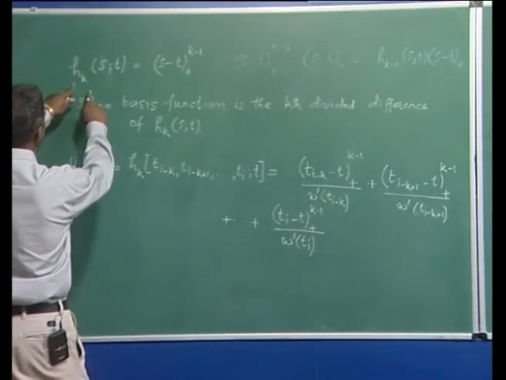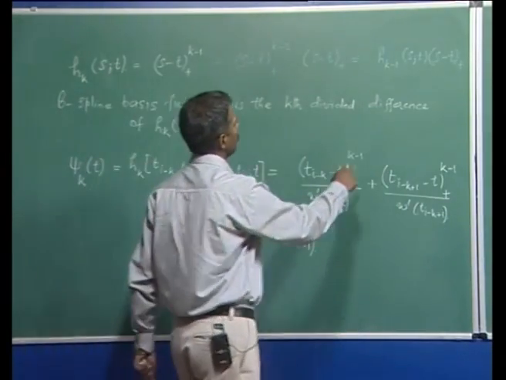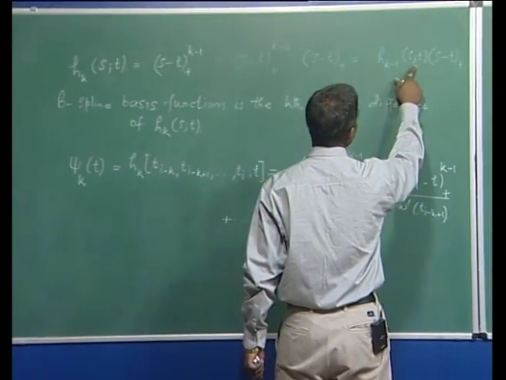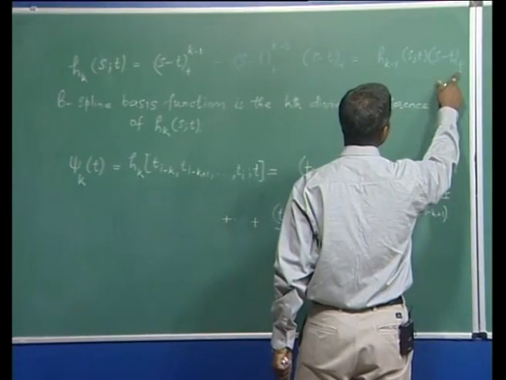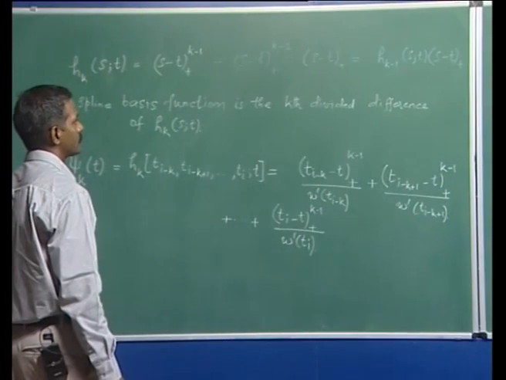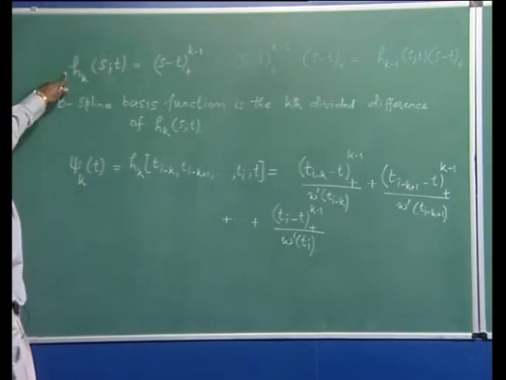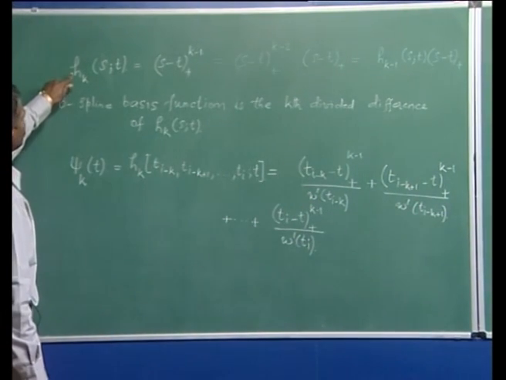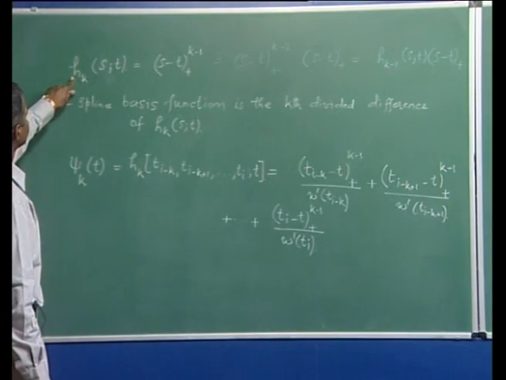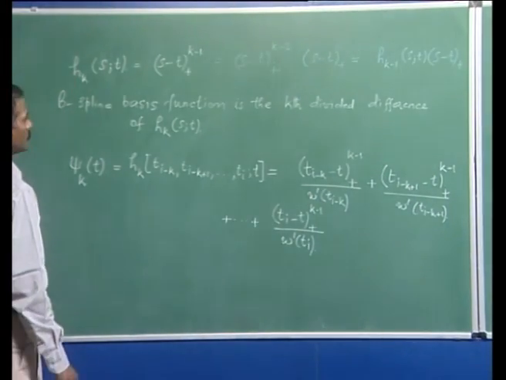Let us go back to this expression here. h_k(s; t) equals h_{k-1}(s; t) times (s minus t) truncated. And using the Leibniz result, let's try to compute the kth divided difference to get a B-spline basis function on the left hand side. How do I do this?